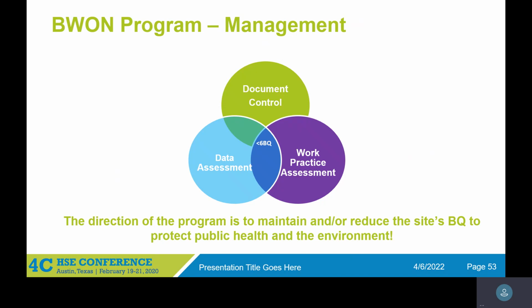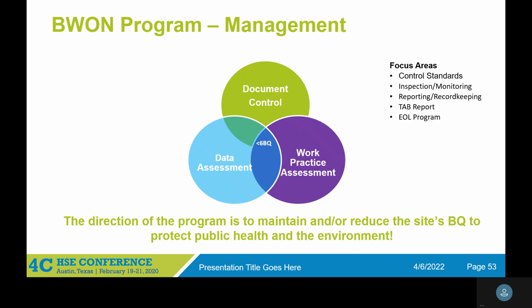So the BWON program management, once you're over 10, really is all about making sure that your TAB is below your levels, right? And you want to have a comfortable cushion. You don't want to be at 1.9 or 5.6, something like that. So it's important to do document control, work practice assessments, and data management.